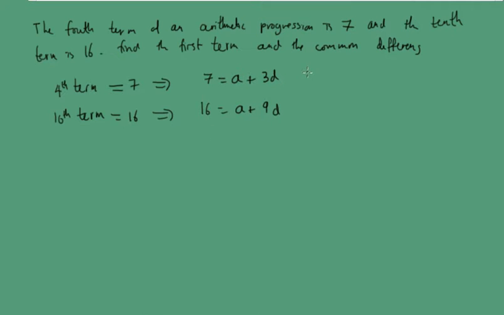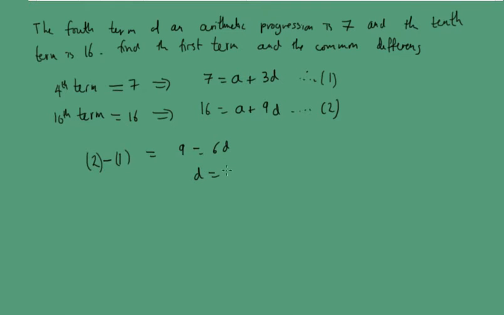So now we're going to call this equation 1 and we're going to call this equation 2. So now we're going to solve them as simultaneous equations. So we're going to take equation 2 and take away equation 1. So that gives us 16 minus 7 is 9, and the a's will cancel, and we're going to get 9 equals 6d.